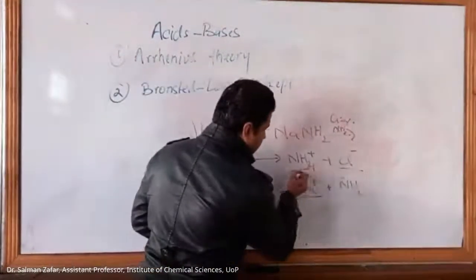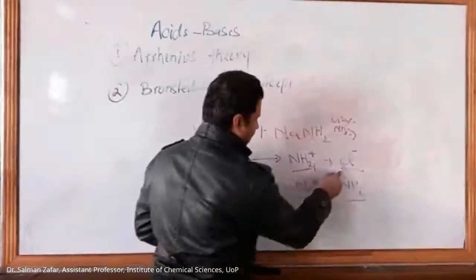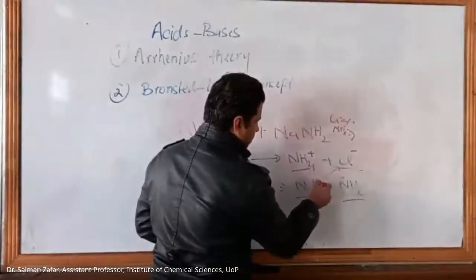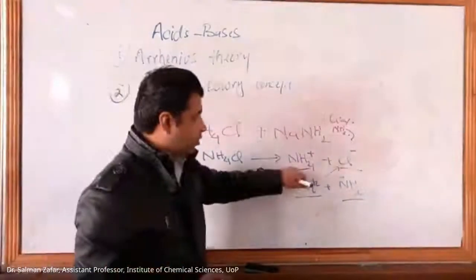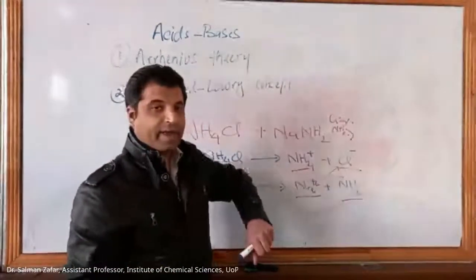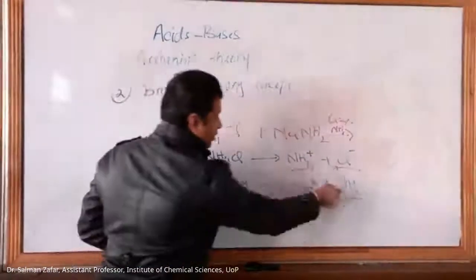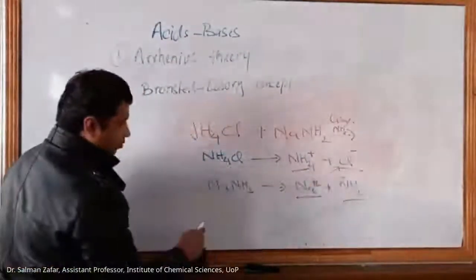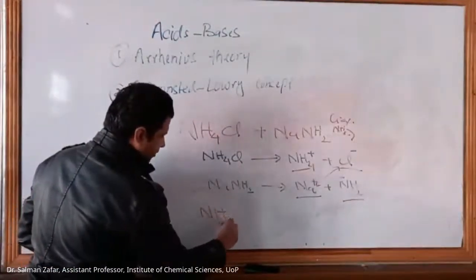But what about these two species? This is a simple anion and cation reaction, forming sodium chloride. But what about this ammonium ion and this amide ion? So let's see the reaction between ammonium ion and amide.